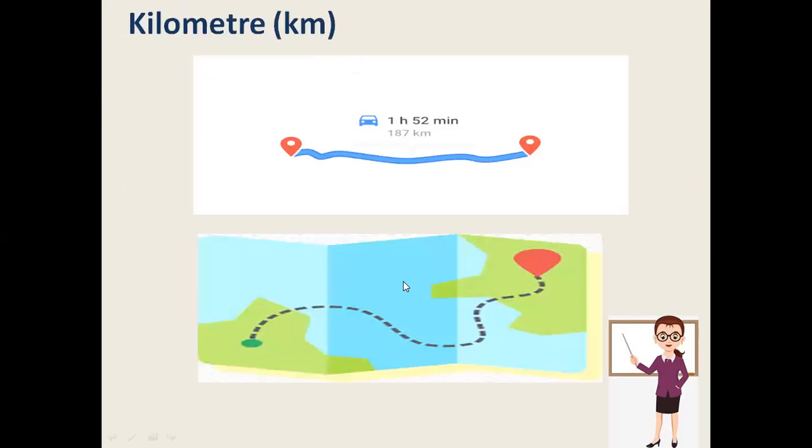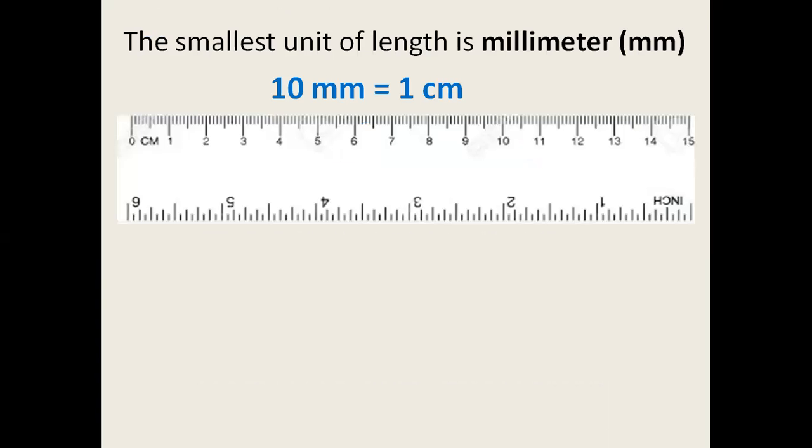And in kilometer, when you need to go from one city to another, use kilometer to measure the distance, because kilometer, as you know, is the larger unit of length. So, the smallest unit of length is millimeter.